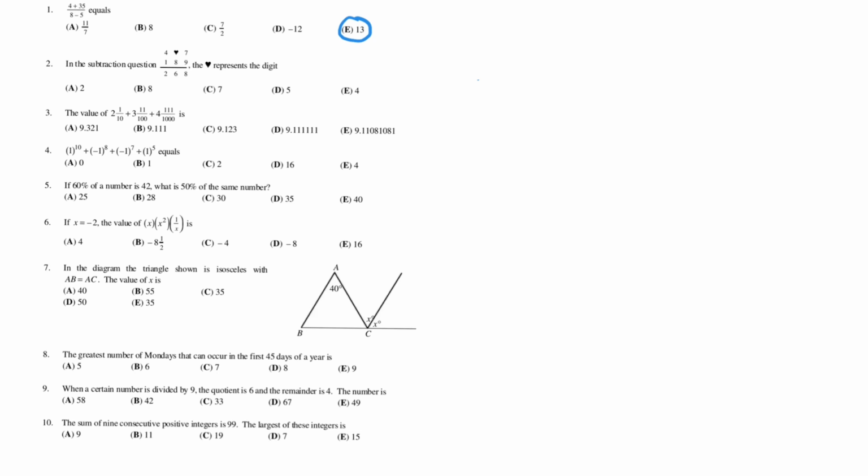Number 2: in the subtraction question, the heart represents a digit. That's the subtraction. They ask for the first, the top number, that's the minuend. So 2, 6, 8 plus 189 equals 4, heart, 7.